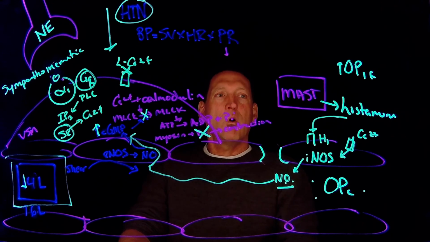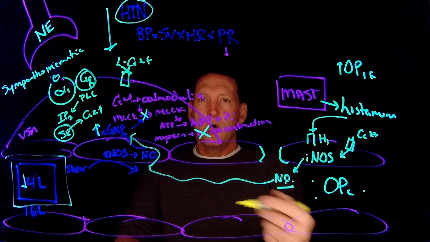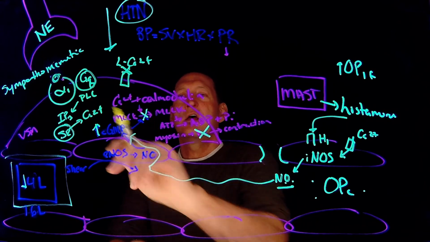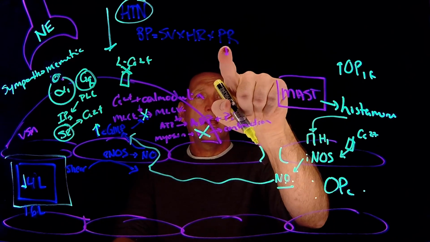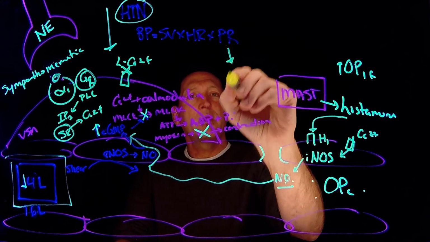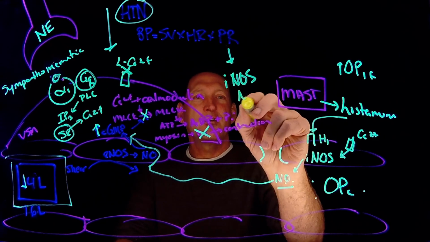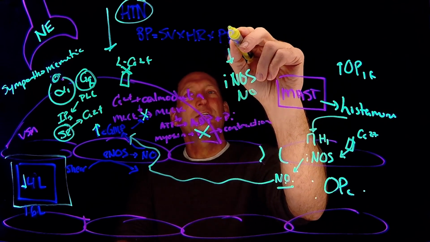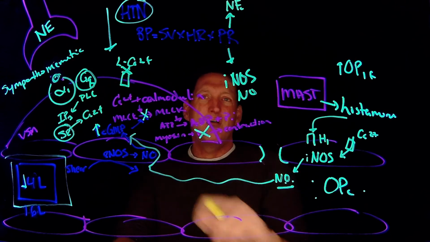So once again, what we're going to do is we're going to intervene in that, and we're going to put them on either a dopamine, dobutamine, or epinephrine drip, and that is going to cause the vasoconstriction. The other thing you can do, so now I'm taking my peripheral resistance that was dropping because of iNOS activation, because of histamine, and then nitric oxide, and then finally the cyclic GMP, and I'm pushing it this direction because now, because of norepinephrine, I'm trying to get the activation of these alpha-1 receptors.